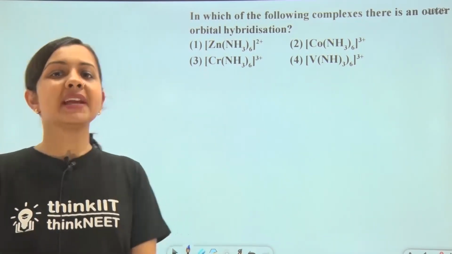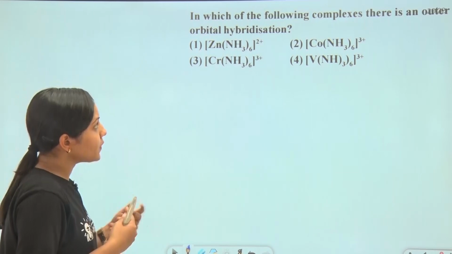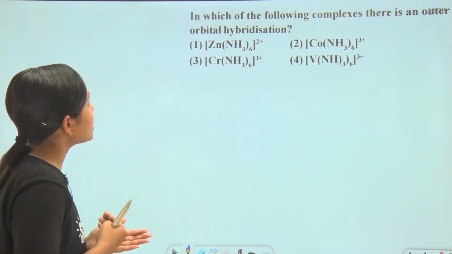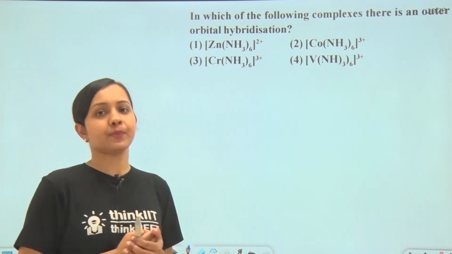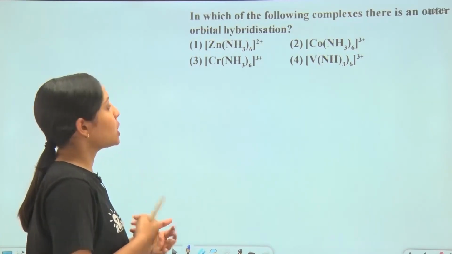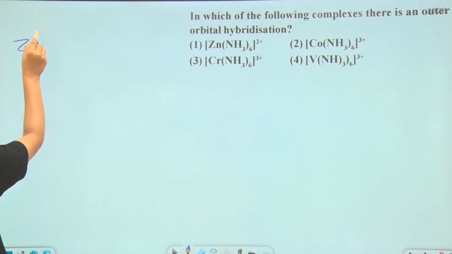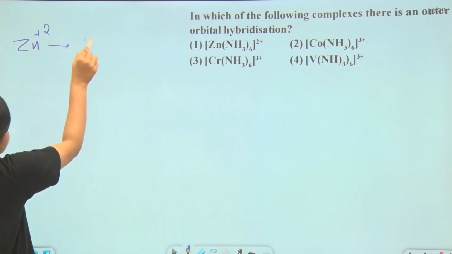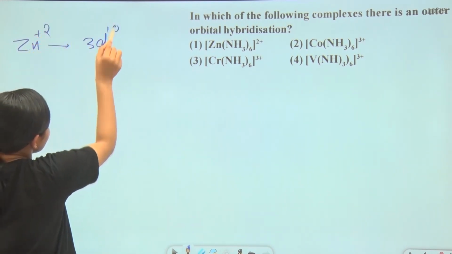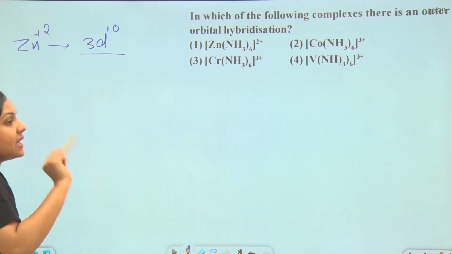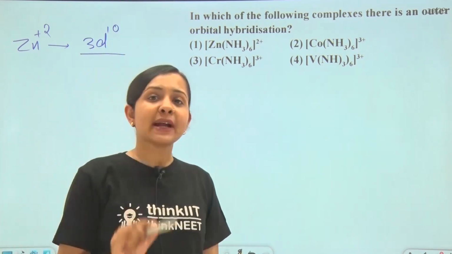Hello dear students, our next question is, in which of the following complexes is there outer orbital hybridization? The first one is [Zn(NH3)6]2+, right? In this complex, zinc has a +2 oxidation state, which means the electronic configuration is 3d10, so the d orbitals are completely filled.